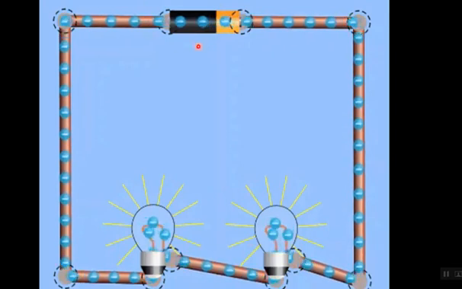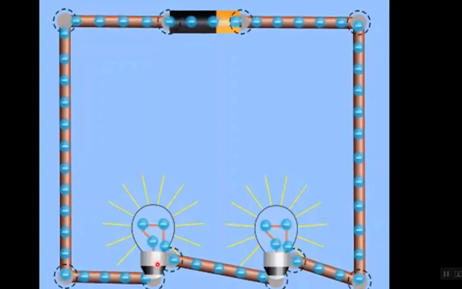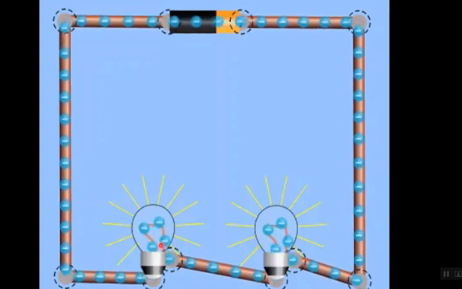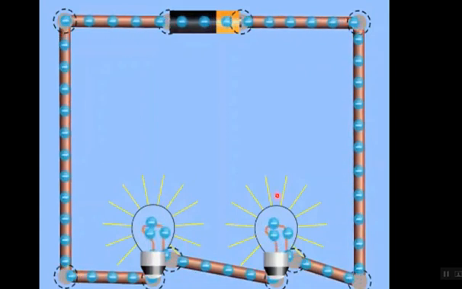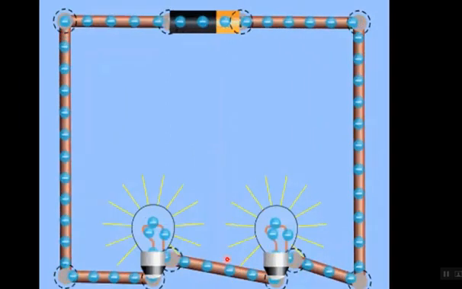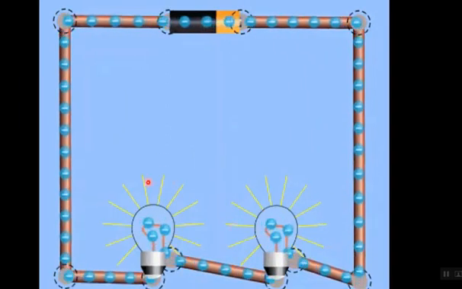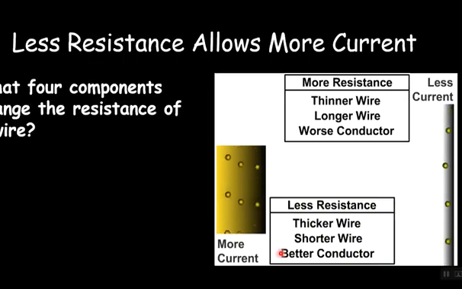The energy of this one must be delivered to both of these light bulbs, and because they are equal in strength in this case, the energy is shared equally amongst them. Compare it to the previous one: when we have low resistance, we've got a big current, and when we have big resistance, two resistors next to each other, we've got a small current. So less resistance allows more current.